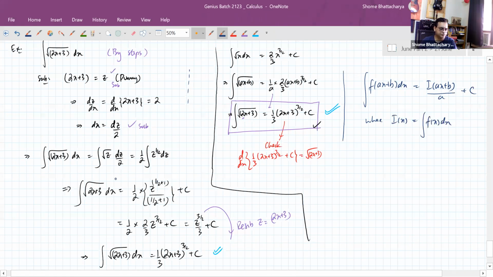Got it, understood? So our go-to method at the exam level will be that when this function is given to me, I'll directly apply the formula. This is the direct method, and this here is the explanation of that method.